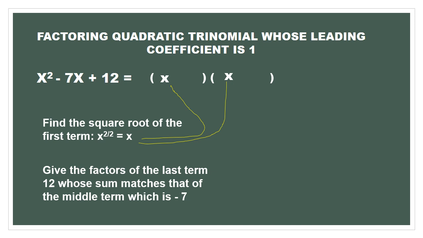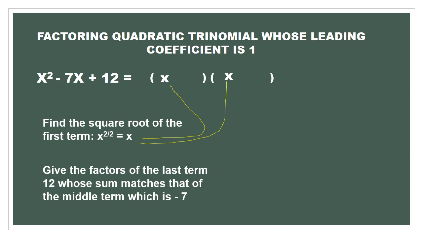So, napansin nyo ba na dapat ay positive ang last term, tapos ang middle term ay negative? Anong naiisip nyong signs ng ating mga factors? Okay, so dapat na-anticipate ninyo na kung ano ang magiging sign ng factors, ha? Pag positive ang ating last term, ibig sabihin ang factors natin ay parehong positive or parehong negative.